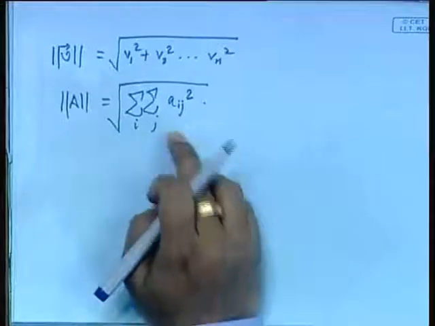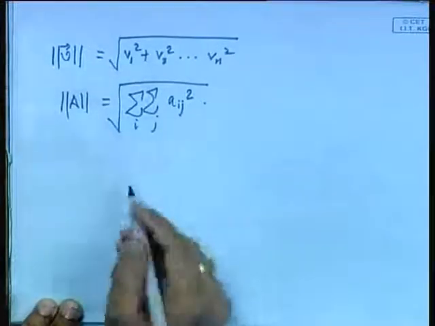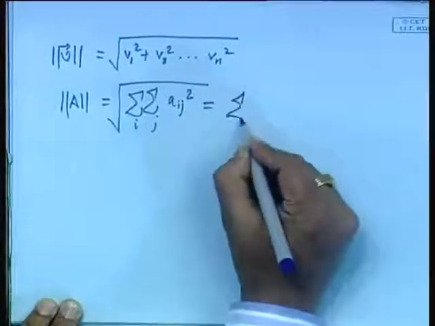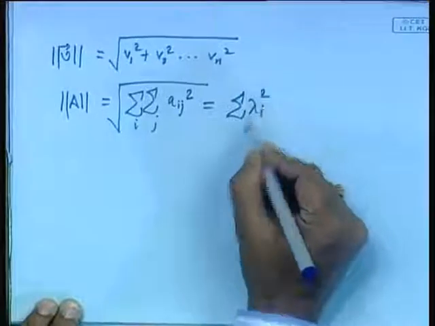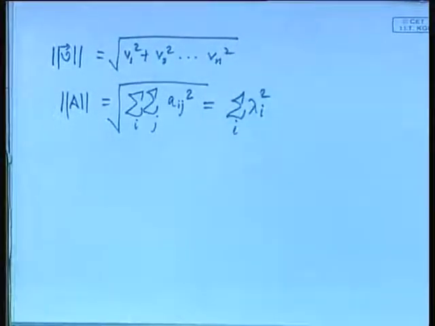Can you show now that the square of the Frobenius norm of the matrix is equal to the sum of the squares of the eigenvalues for a symmetric matrix? Okay, let's see.